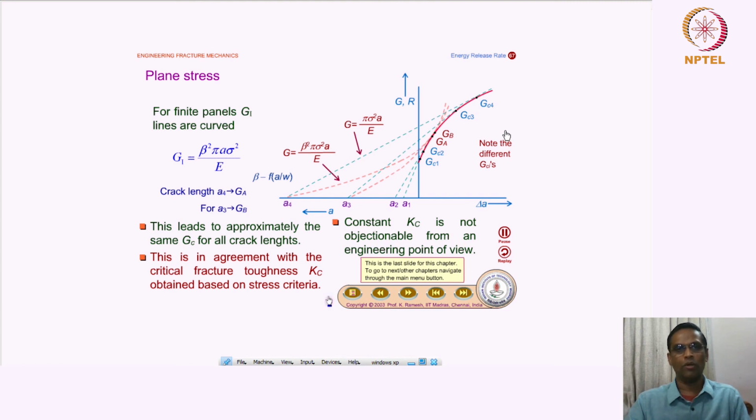Okay, so without getting into much of a mathematics, simply using this concept of energy, a lot of understanding has come from the complicated crack problems. Okay, so with this we will kind of finish this discussion on energy release rate.